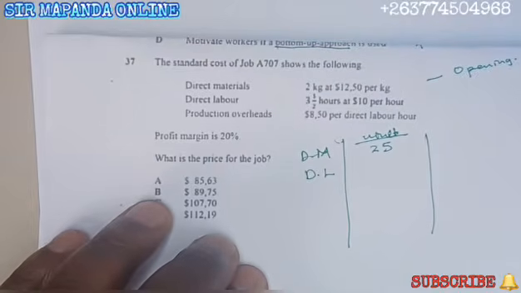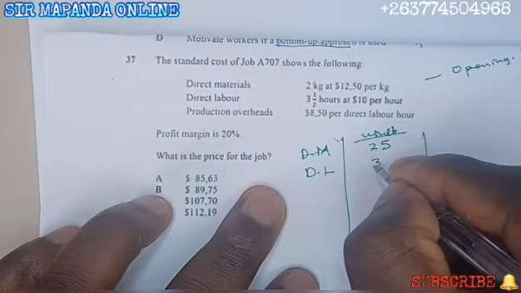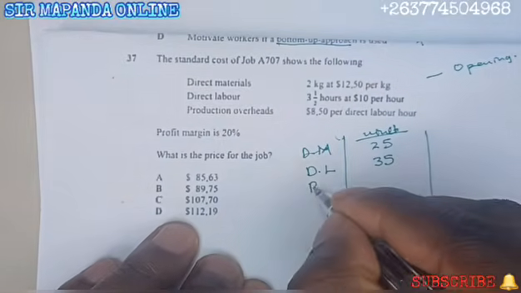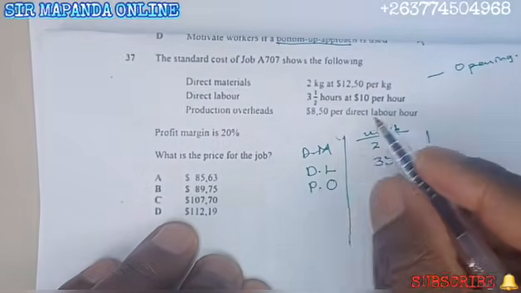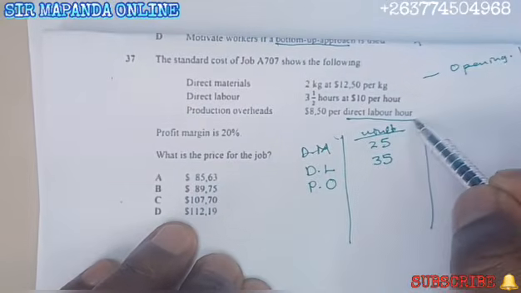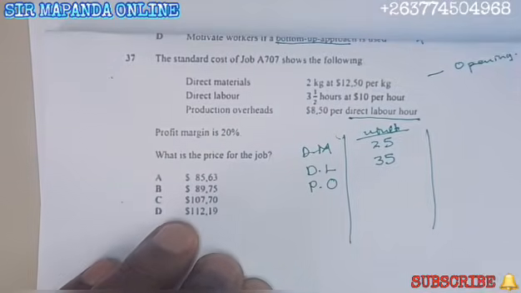3.5 hours, which is 3.5 times 10. You get 35. 35 denotes direct labor per unit. Then we move on to production overheads. $8.50 per direct labor hour. So remember the hours we have, 3.5 hours. So you are saying 8.5 times 3.5.